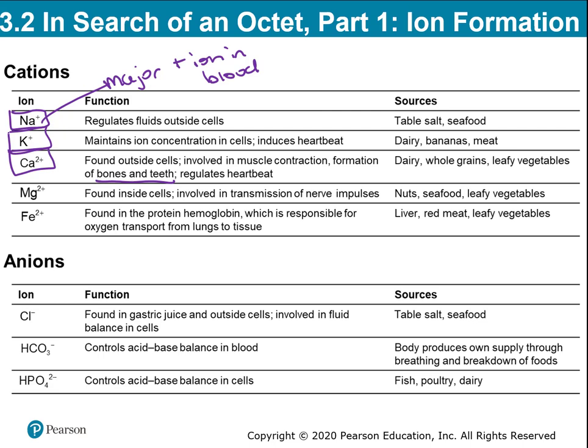And so what did your mother always tell you to do? Eat a banana. You're like, I got a cramp. Here, eat this banana. That is just because bananas are higher in potassium. Okay. So that's like another reason for it, but they're important in muscle contraction and in nerve impulses.